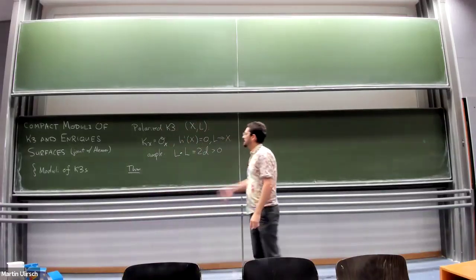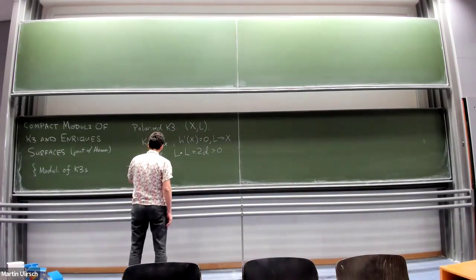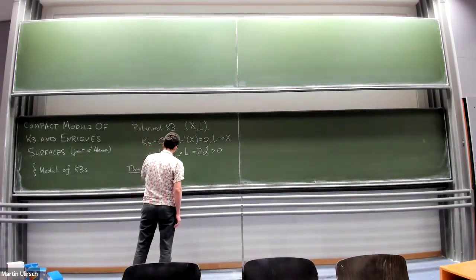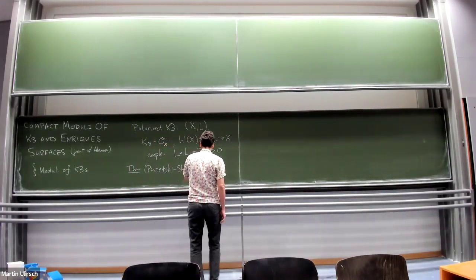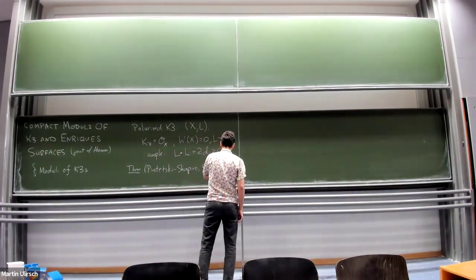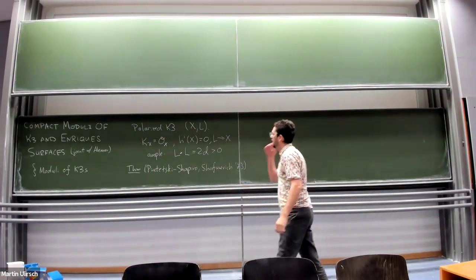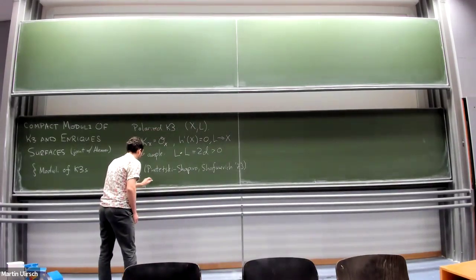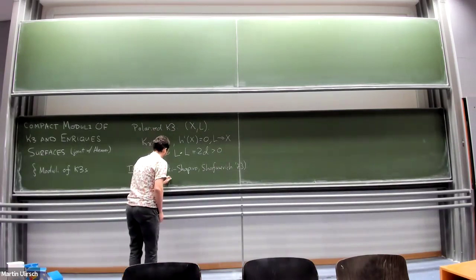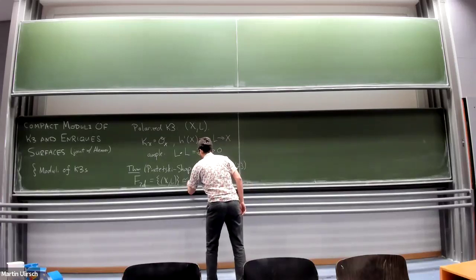And so the key theorem, which lets us understand the moduli of K3 surfaces, is the Torelli theorem, due to Piatetski-Shapiro and Shafarevich, from around 1973. So the moduli of polarized K3 surfaces of degree 2D is isomorphic to a locally symmetric space.